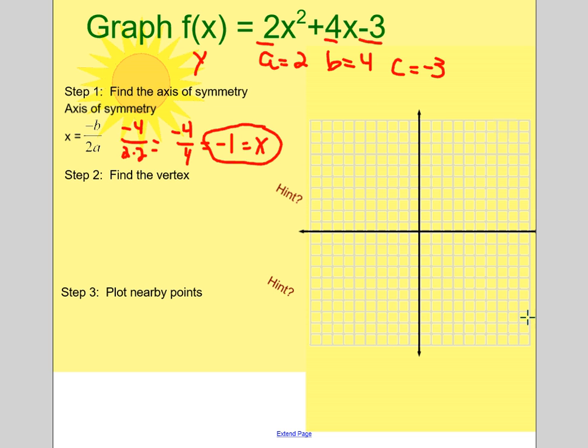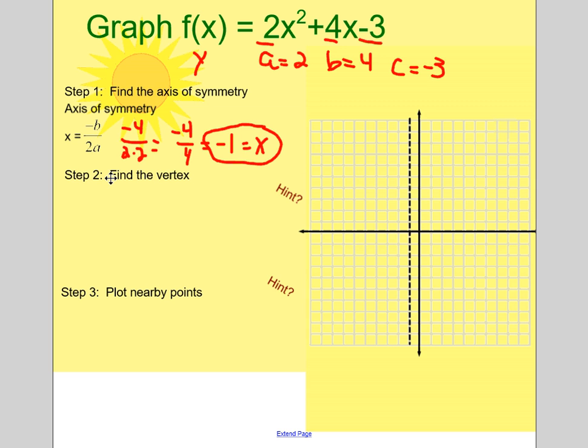And I'm going to go on my coordinate plane. On my x-axis, I'm going to find negative 1, and I'm going to create my axis of symmetry right here. It's always a dotted line, and this tells you where your parabola will kind of go around, okay? So this is just where your parabola is going to be situated.